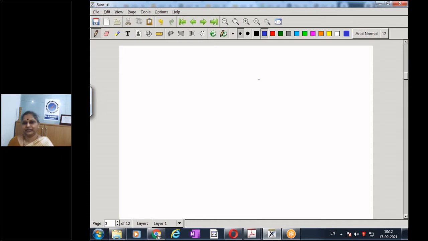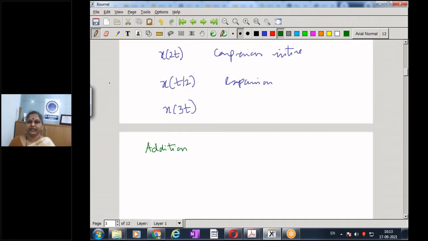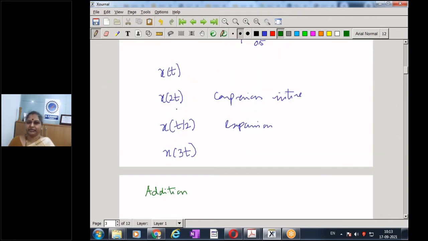Now let us take an example. Similarly, addition. Suppose we are looking at transformations of the dependent variable. Let us say addition. Before proceeding, suppose I am doing x of 2t, compressing in time.